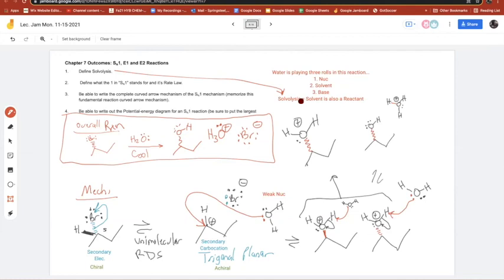Okay, and now the rate law for this is the following. Rate laws are always just some rate constant, my cursive k, times the concentration of whatever's in the rate determining step. So what reactant is in the rate determining step?